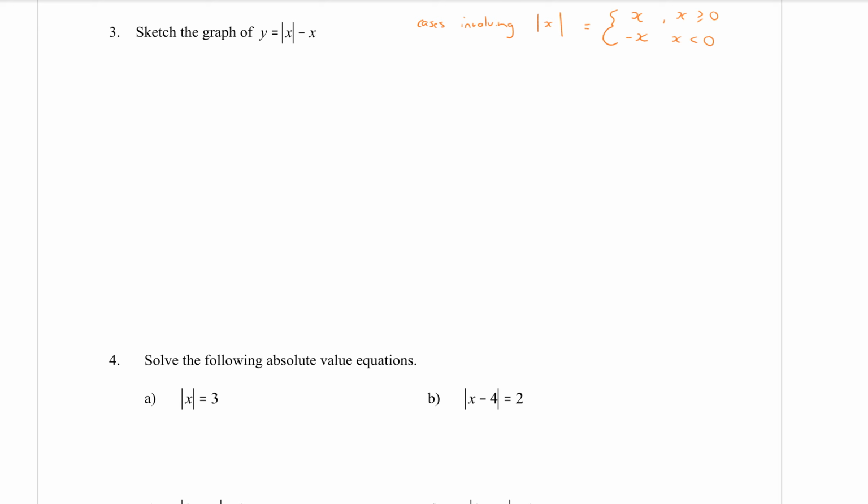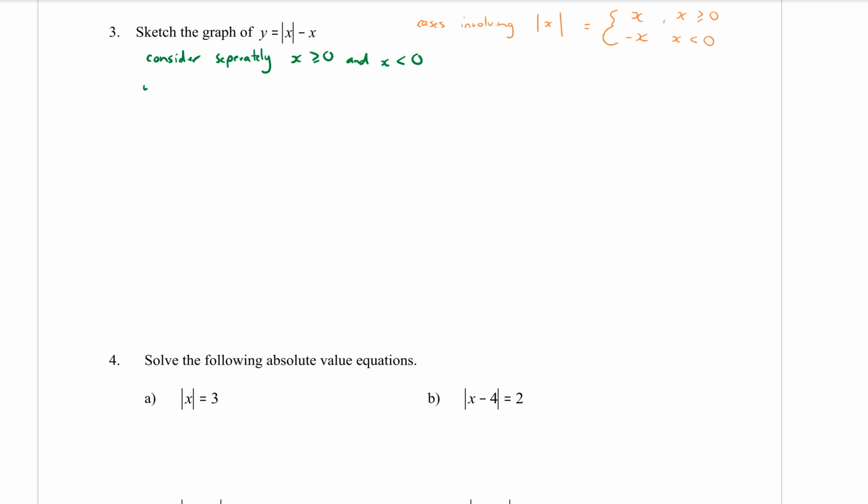So if we keep that in mind, we want to consider those two cases separately. So I'm going to change color here. This is what you would write down for your working. Consider separately x is greater than or equal to 0 and x is less than 0.